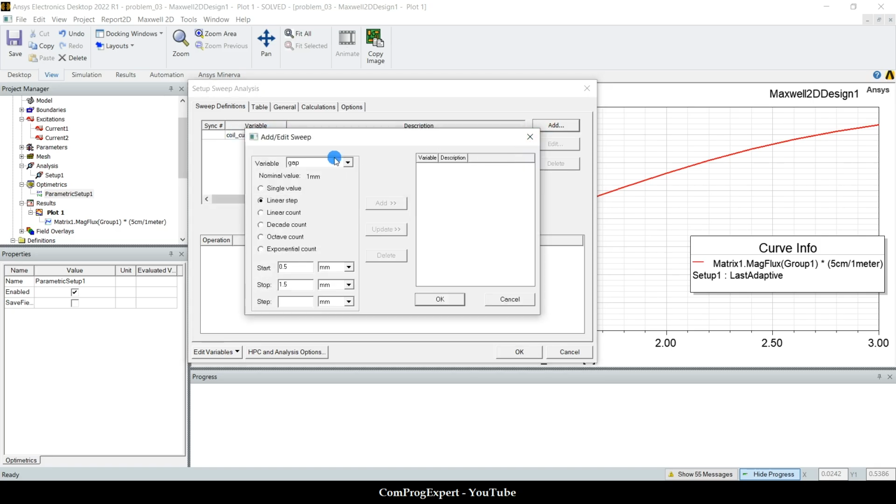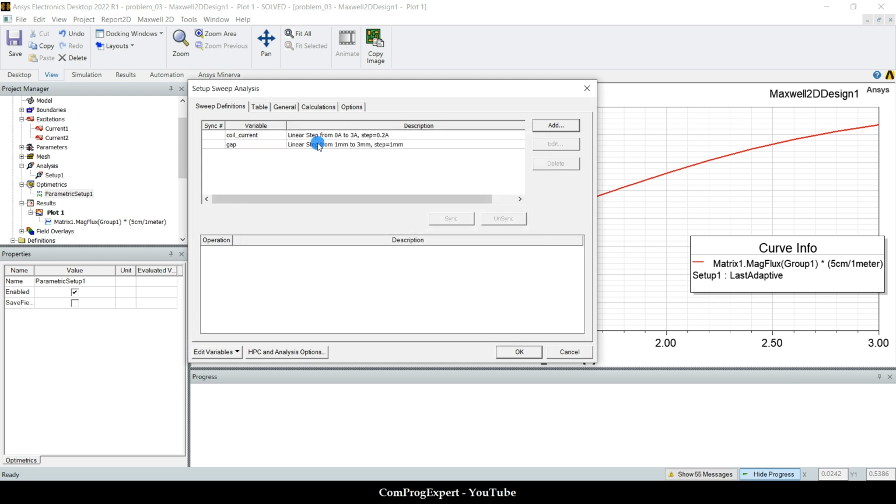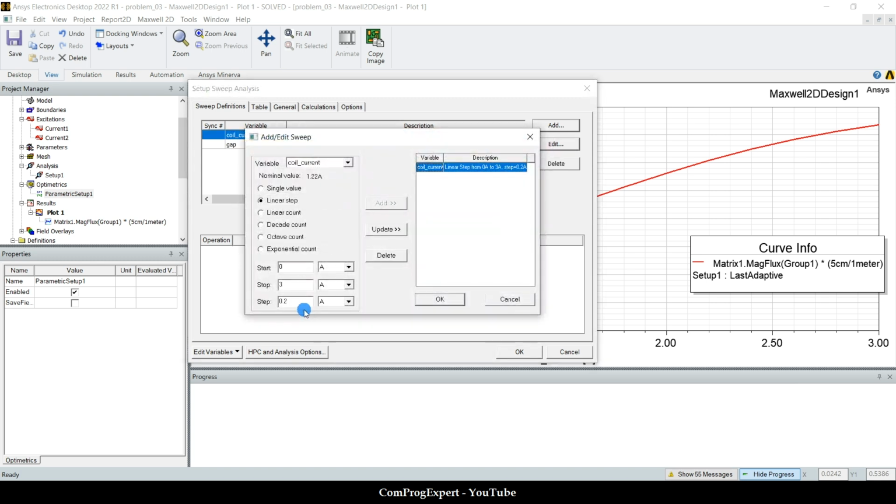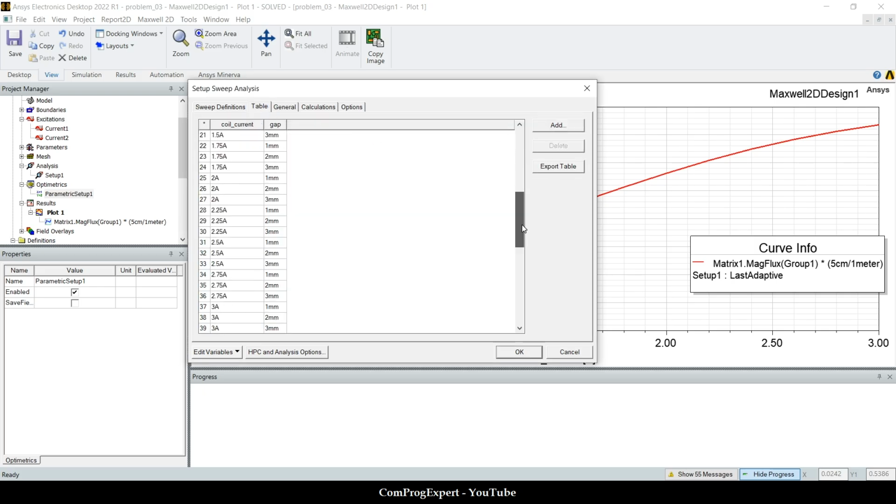So if I add the gap, let's change the value of the air gap from 1 millimeter to 3. Step size 1. And modify this one. I want to change the coil current from 0 to 5. Step size 0.25. Update. So we have this calculation table.